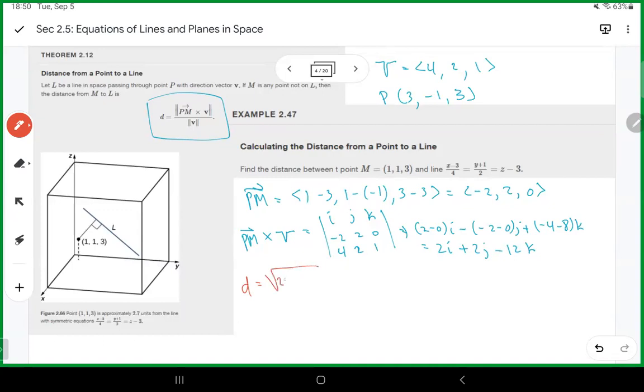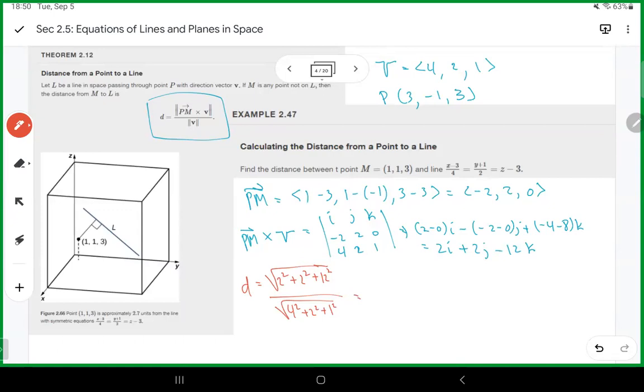So 2 squared plus 2 squared plus 12 squared, over the magnitude of v, which is 4 squared plus 2 squared plus 1 squared.